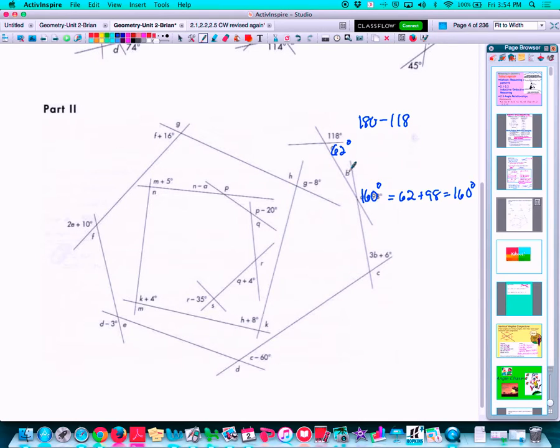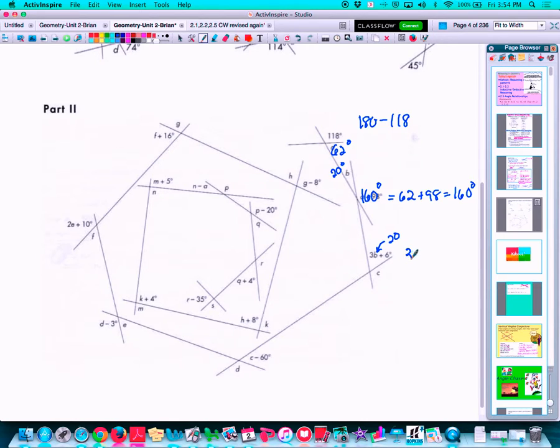And then we can look at, okay, well, what is B then? B is a linear pair with the 160, so B must be 20 degrees. 20 plus 160 is 180 degrees. Okay, well now that we know that B is 20 degrees, that means that 20 degrees is going to go in place of B down in the next part here.